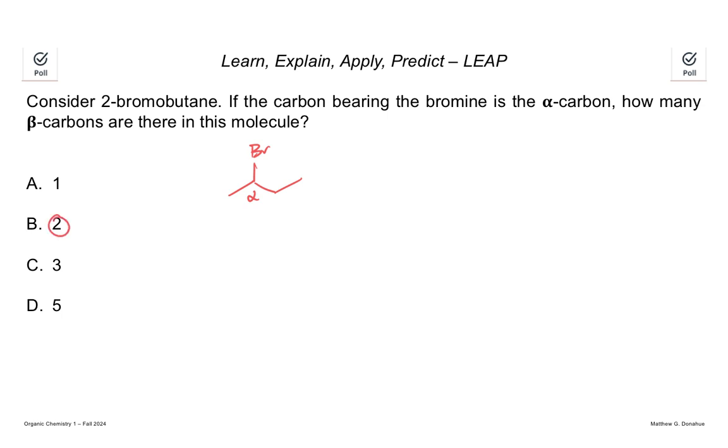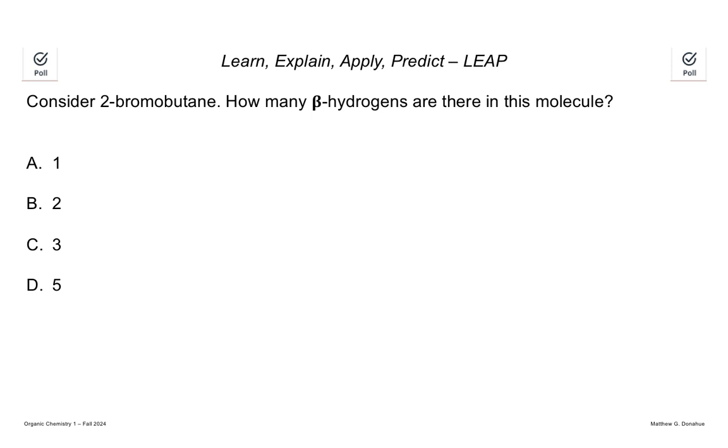So there's 2, and since they're different, I'll call this beta and that beta prime to differentiate them. Now we're just counting how many hydrogens are on each. We have a methyl, so that's 3, and then a methylene, so that's 2. That gets us 5 beta hydrogens.